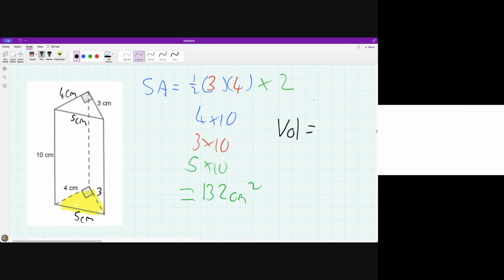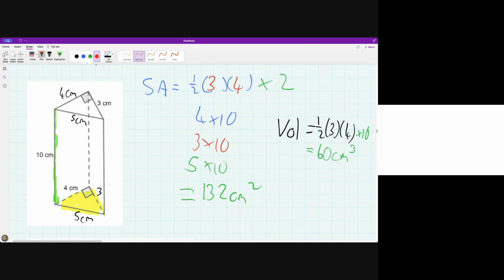So all you're going to do is go a half base times height, but you must get the 3 times the 4. And then the other dimension for how deep the triangle goes is just that, is 10. So times 10, which is a half times 3 times 4. That's the area of the triangle, but then times it by 10, I get 60 centimeters cubed.